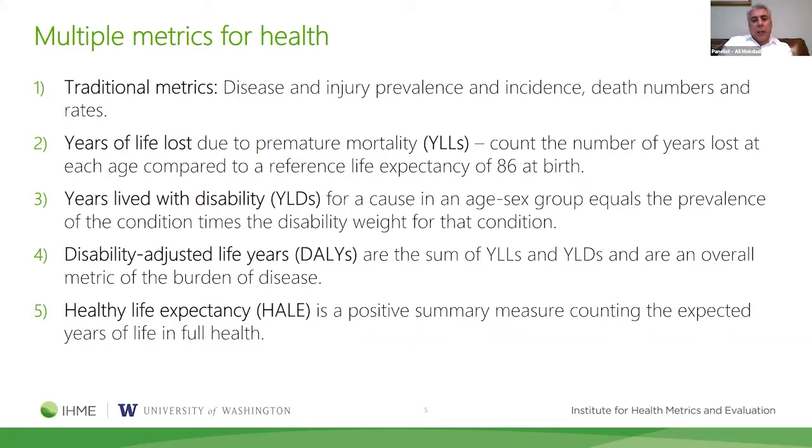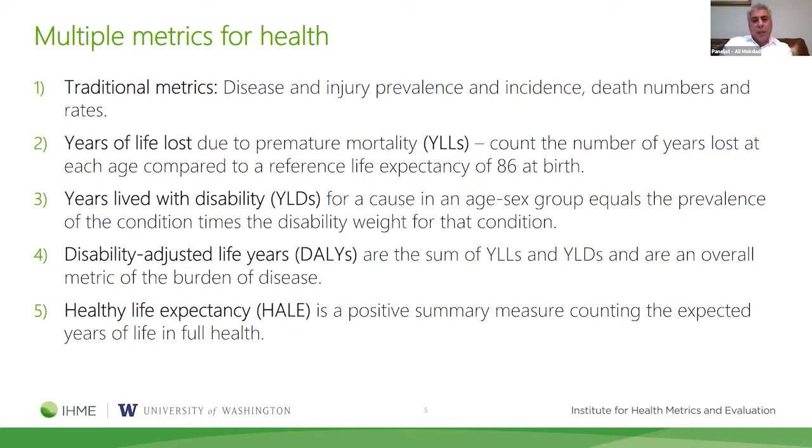Years lived with disability is if somebody in Ghana at age 60 got diabetes for 10 years, depending on the severity of diabetes, they will be assigned a disability, and it's called years lived with disability, and we can again attribute that to a disease or a risk factor.